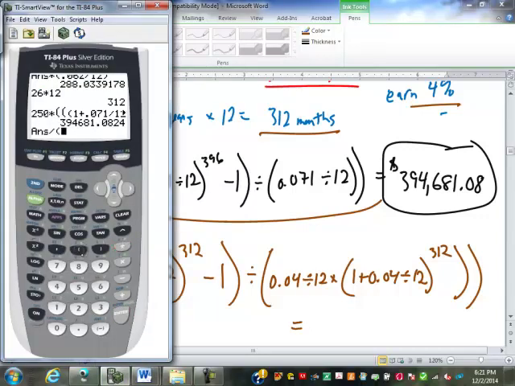Divided by 1, 2, 3. 1 plus 0.04 divided by 12, close, power 312, minus 1. Divided by open, 0.04 divided by 12 times open, 1 plus 0.04 divided by 12, close, power of 312, close, close, enter. You get $2,036.75.